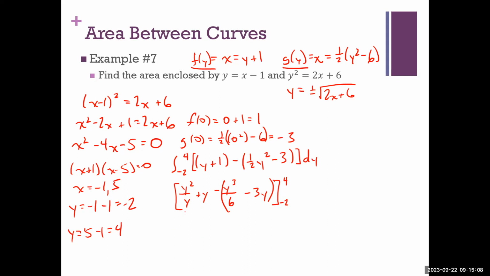Can also do it now. So y squared over 2. Collect the y and the 3y, that becomes minus 2y. Minus y cubed over 6. So I think the integral's done and simplified as much as we can do it.